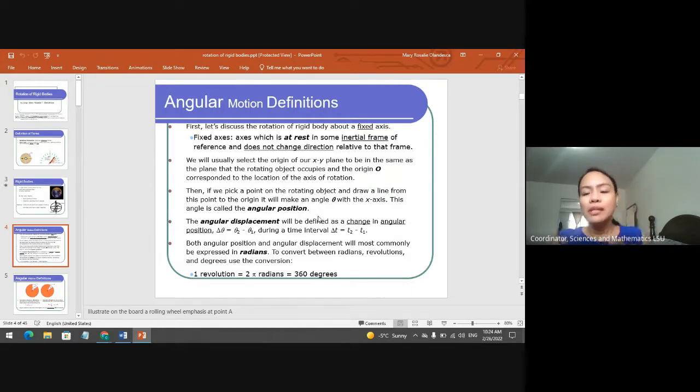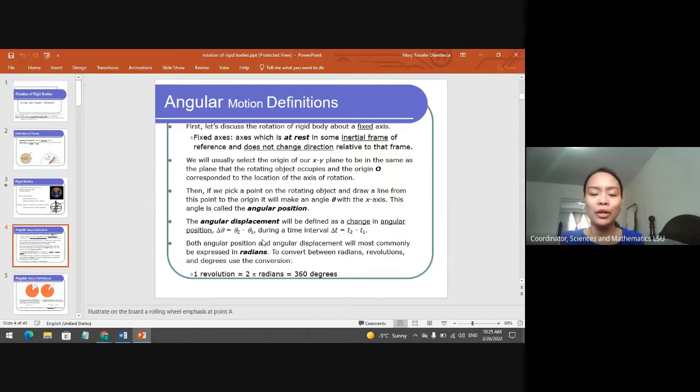Since the point is moving from one position to another, there is also the angular displacement, which is the difference between the two positions. So we have delta theta, the angular displacement, equal to theta 2 minus theta 1.